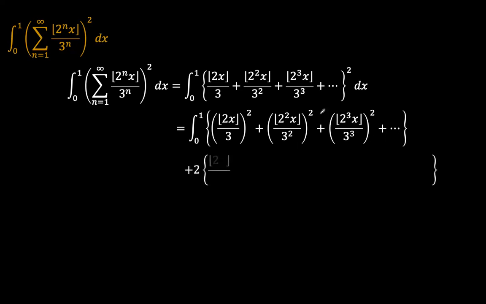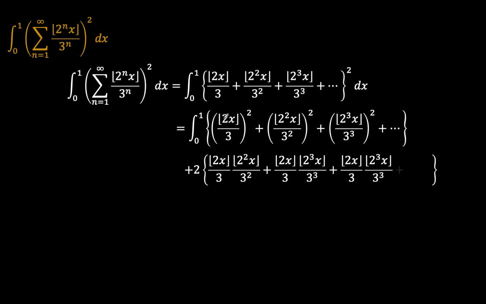Then we would have the terms that result from cross multiplying the terms. Because each multiplication will go twice, for example, when you're multiplying the floor function of 2x times the floor function of 2 to the power 2 x, and then when you're considering the multiplication with 2 to the power 2 x as the principal multiplier.